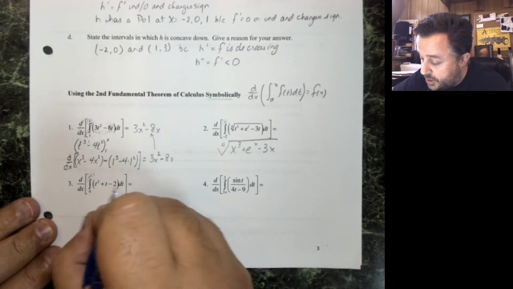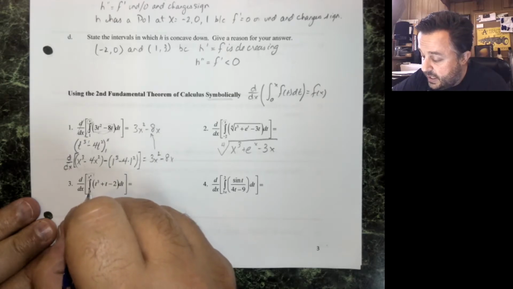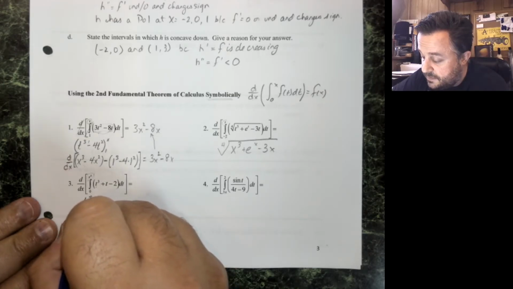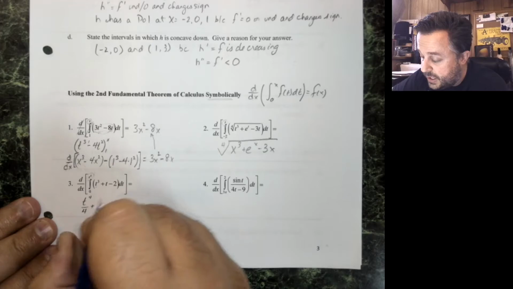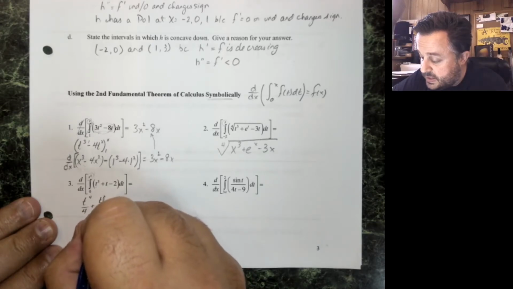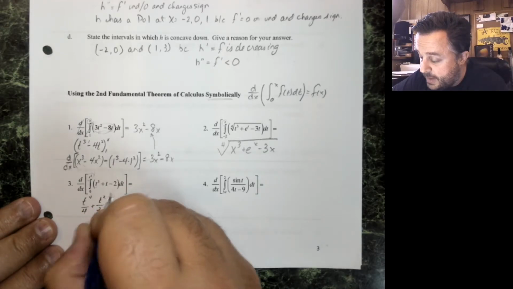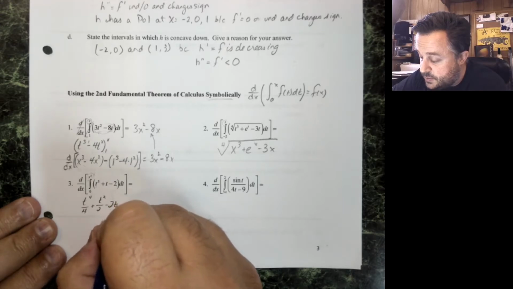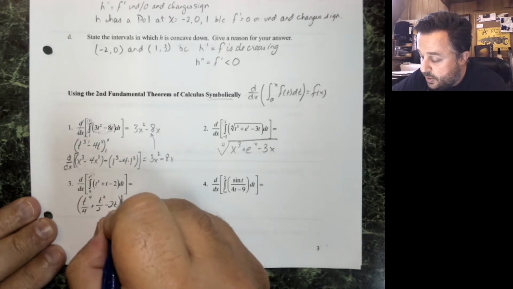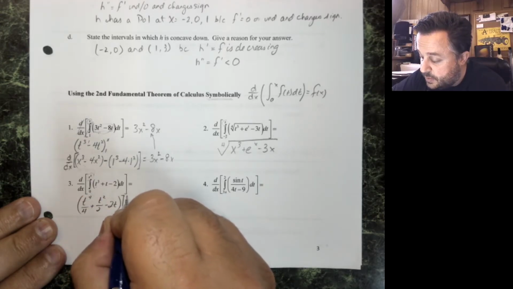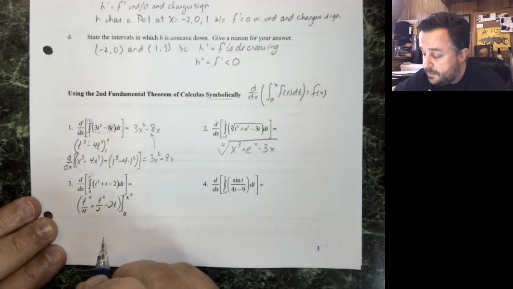So again, working just the inside here, the integral of t cubed is t to the 4th over 4, plus the integral of t, which would be t squared over 2, minus the integral of 2, which is 2t, and we're evaluating that from 0 to x to the 4th.